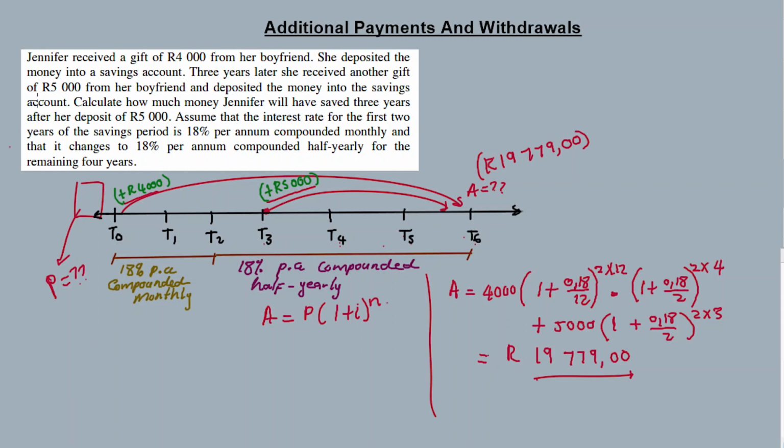I mean the value of A this time, not P. So this time let's say Jennifer took a loan, and the amount of the loan is A equal to this.